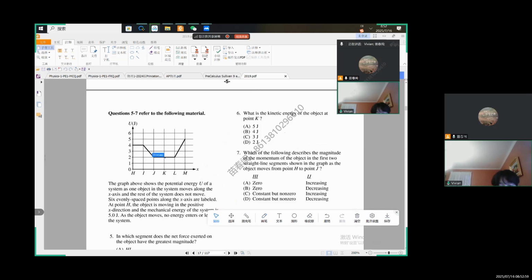Well, no energy enters or leaves, and then here it's 5, so in total there's 9. Mechanical energy is 5. Wait, kinetic energy? Point K. Wait, at point H. Mechanical.